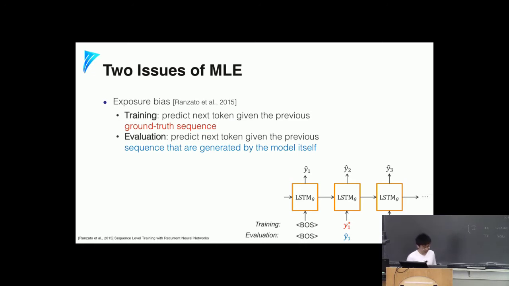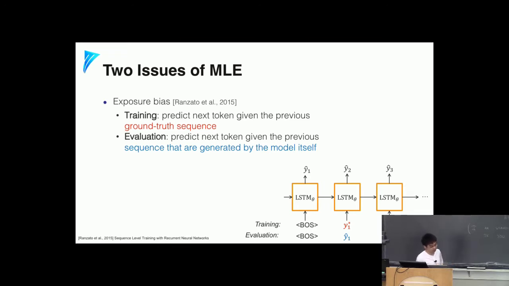So with this common model and learning algorithms, here come two issues of this method. The first issue is what we call the exposure bias. That means at the training time, we predict the next token given the previous ground truth tokens. We feed in these ground truth tokens and predict the next token.